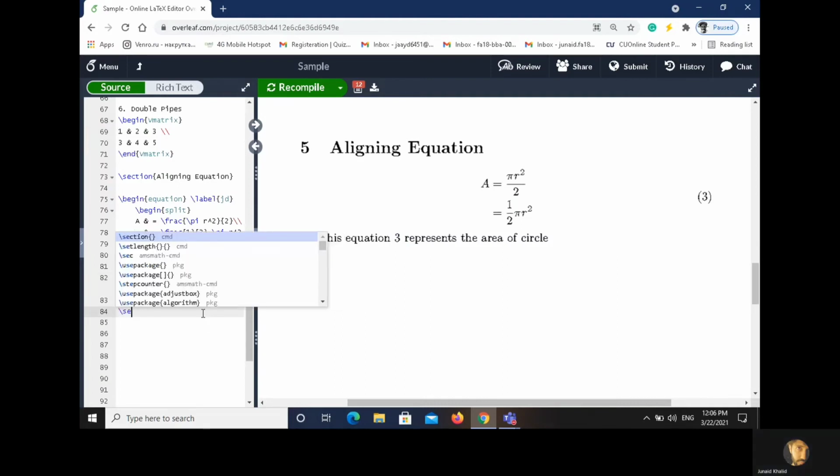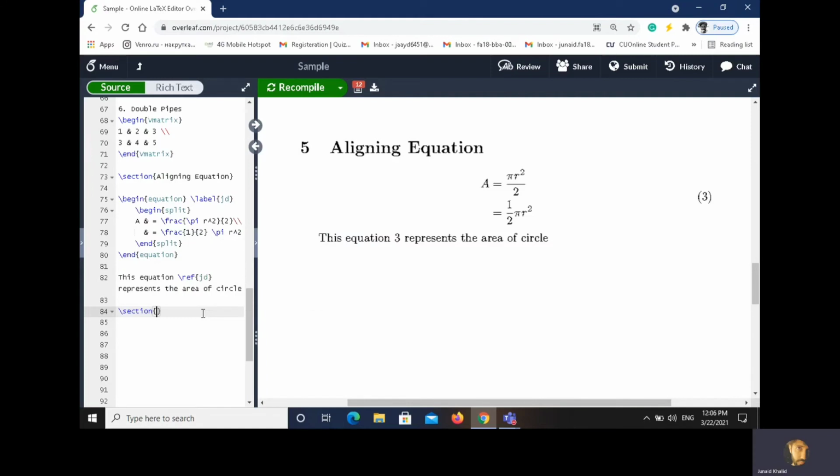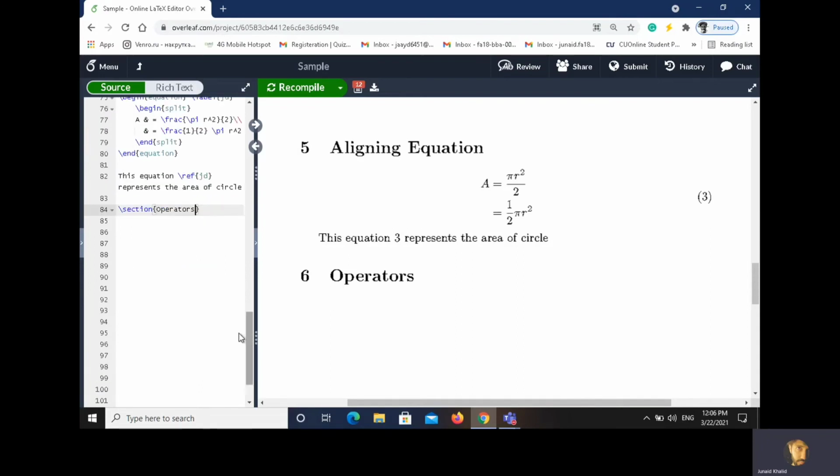So in the next section, or probably the last section, we are going to write operators. Compile operators. First we will learn how to write trigonometrical functions, or we can say trigonometrical operators.